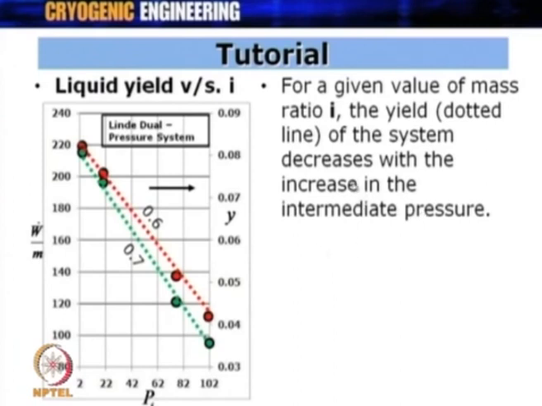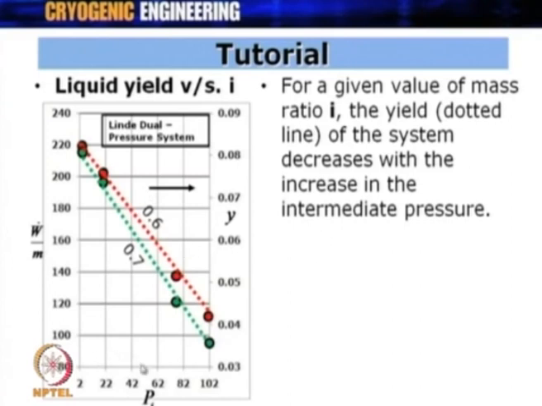Now, if you recollect the expression for y, we have a first term and a second term. The second term has a negative sign, with a numerator of h1 minus h2. As the value of P2, or the intermediate pressure, increases, this second bracket starts increasing and therefore the value of y decreases.